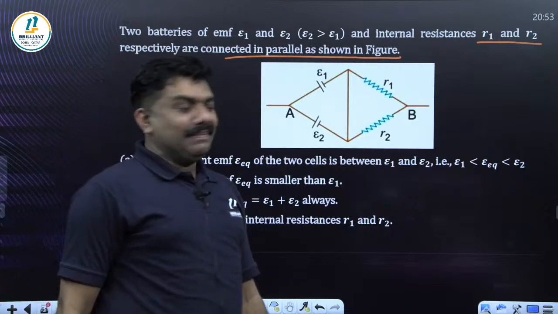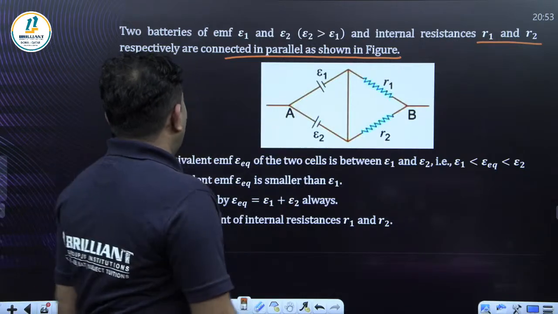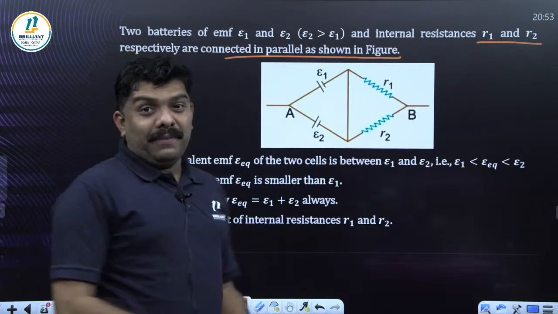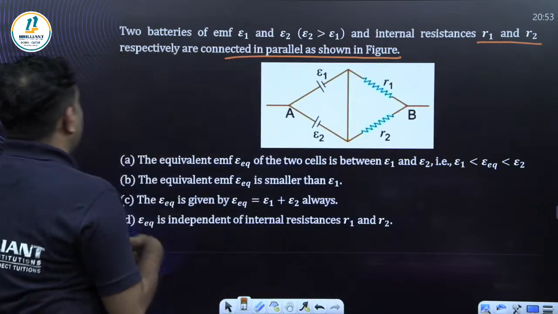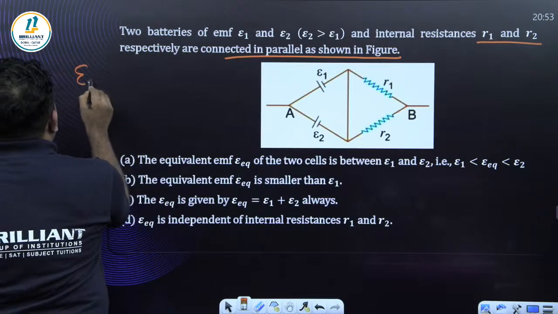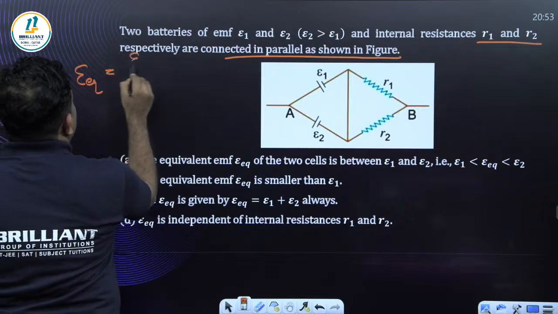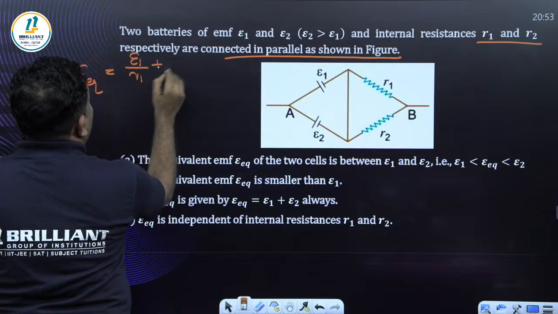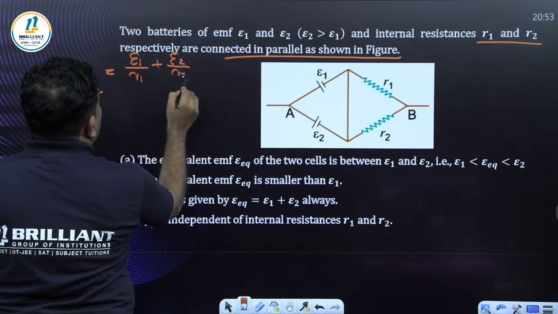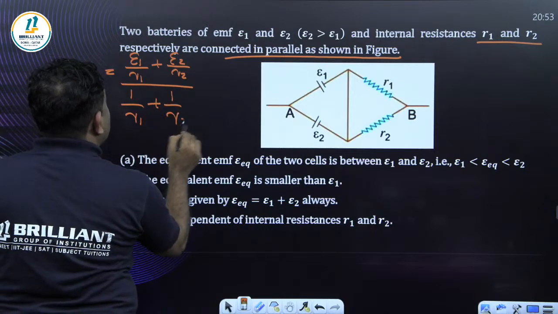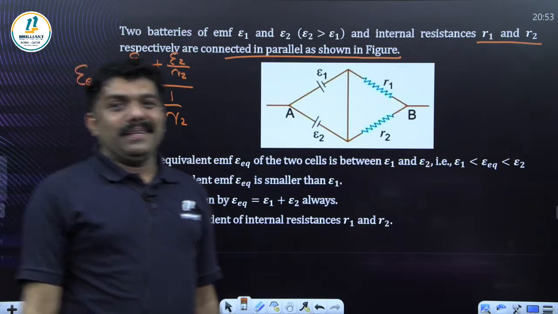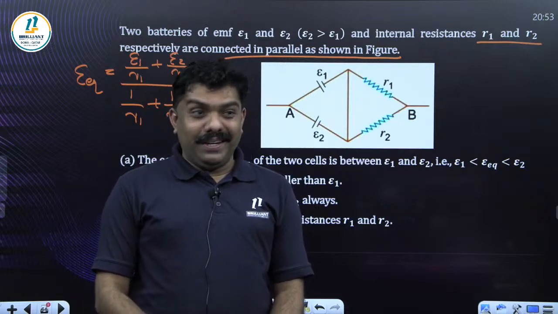Then what about the equivalent EMF? You remember, when the cells are connected in parallel, we have a formula: E1 by R1 plus E2 by R2, divided by 1 by R1 plus 1 by R2. That's the formula for equivalent EMF.